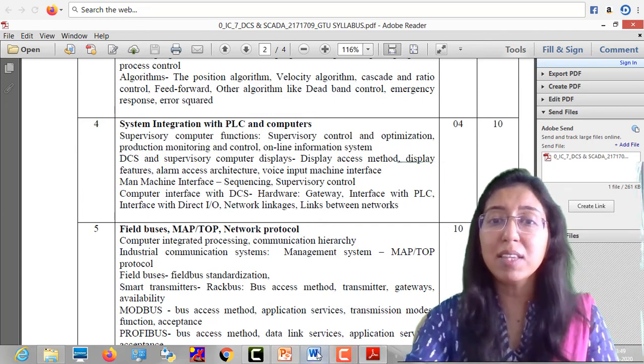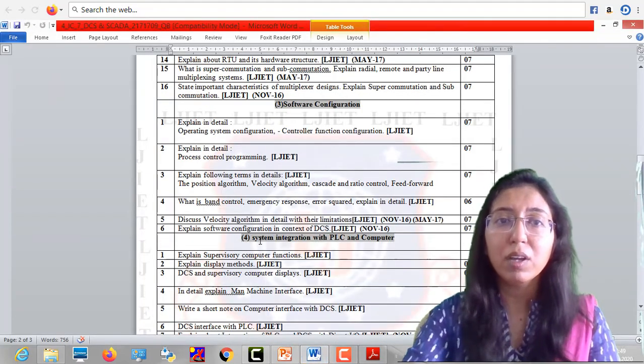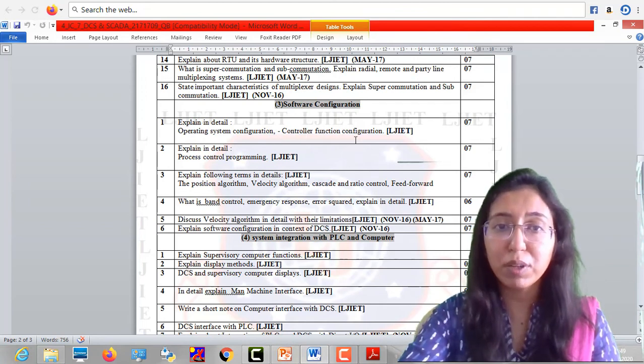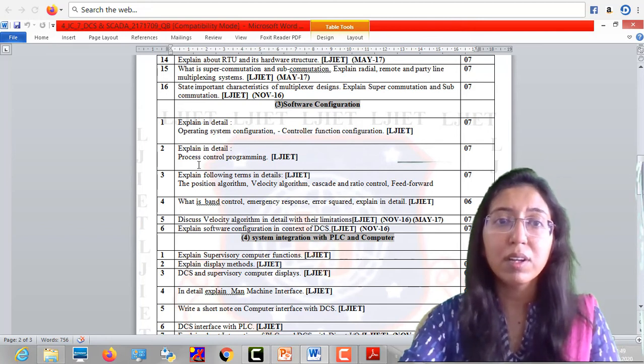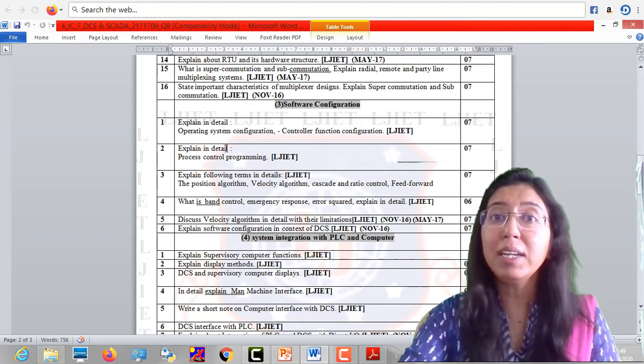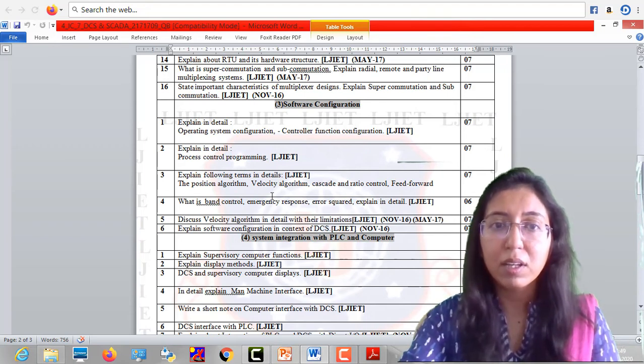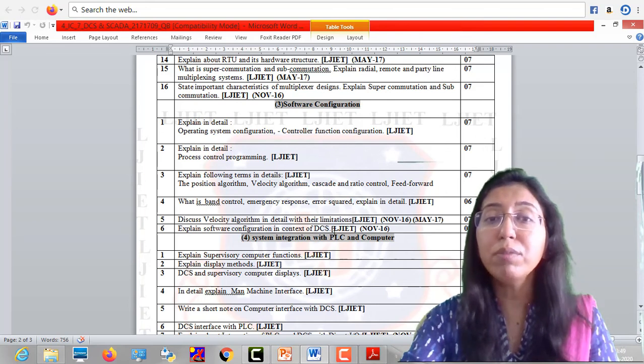Let's see the question bank. You can see in the question bank operating system configuration and controller function configuration. Questions can be asked, then explain in detail process control programming, and explain software configuration in context of DCS.